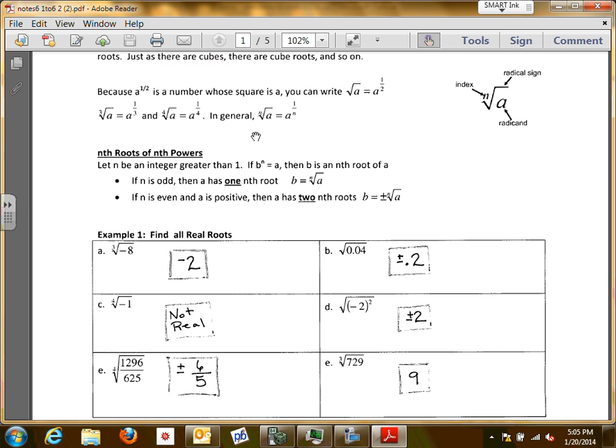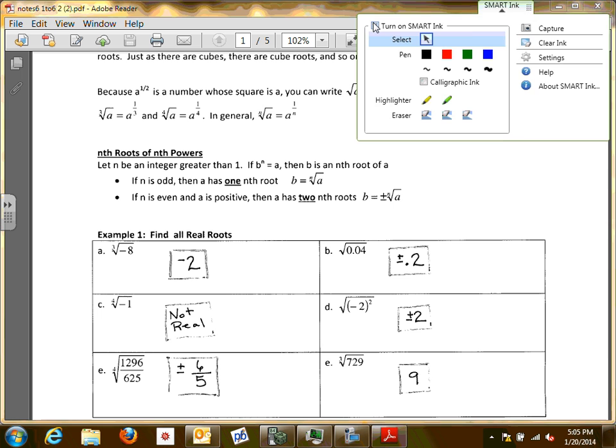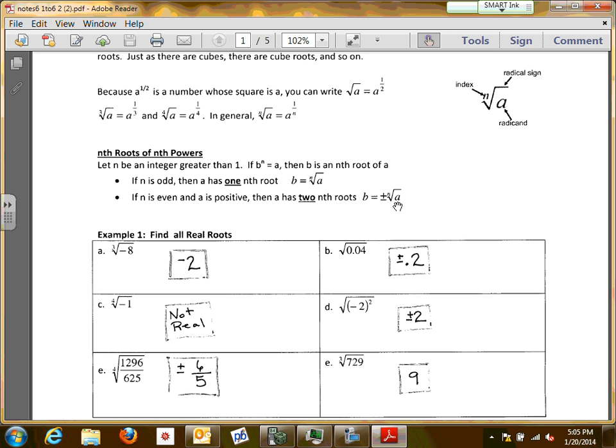So what we have here is the cubic root of -8. So that means something times itself 3 times is going to equal -8.